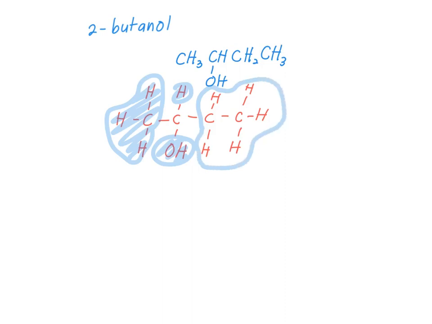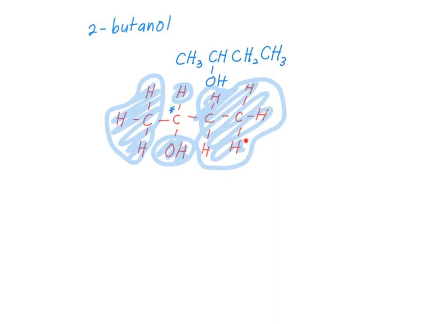And this group has CH2 and CH3, which is also considered another group of atoms. So I can say that the second carbon is a chiral carbon since it is bonded to 4 different atoms or 4 different groups of atoms.